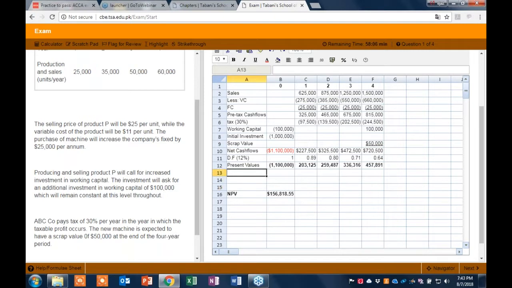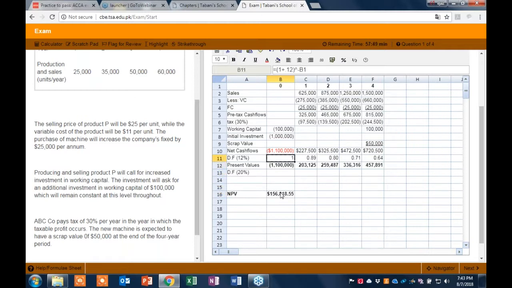So let's take discount factors at a higher rate. Let's take it at 20% and hope we get a negative NPV, because the NPV is too high, and I'm not sure whether we'll get a negative NPV at 20%. Let's try.